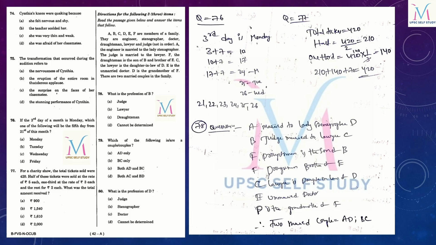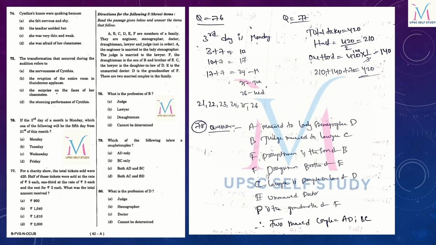F, the draughtsman, is the son of B, it is there in the question. And F is the brother of E.